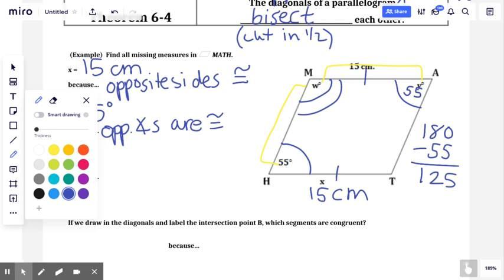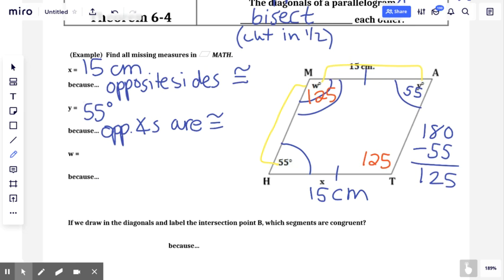So this one is 125. And if I asked you for it, this one's also 125 because the opposite angles are the same. So over here, we're going to say W is 125, because consecutive angles are supplementary.